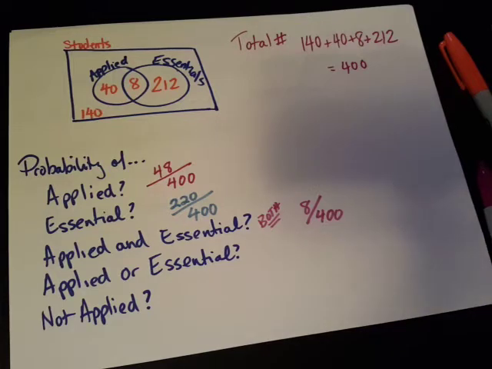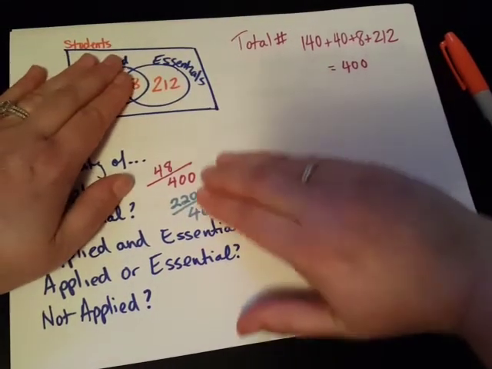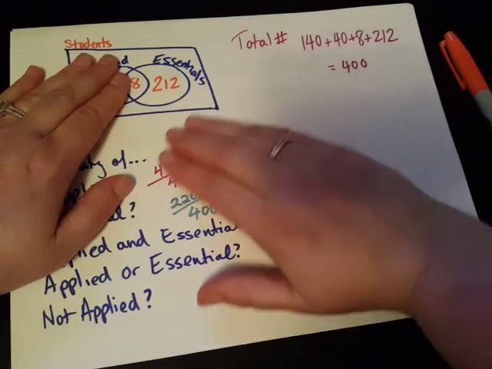So now the question is how many students are taking applied or essentials? We have to be really, really careful here because our instinct is to add, and you would be right, but we can't necessarily add that 48 plus the 220.